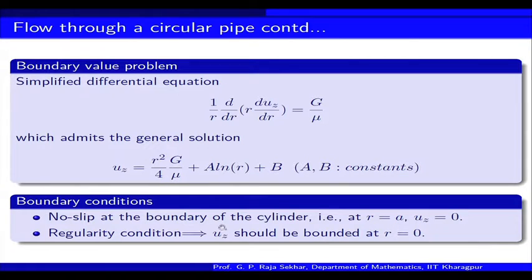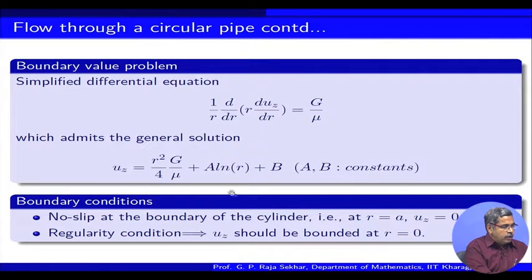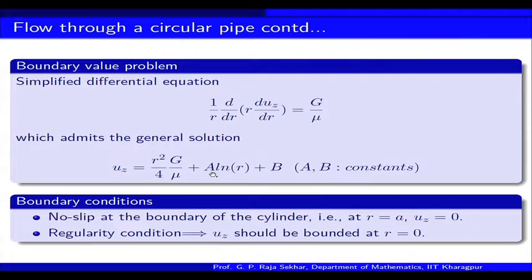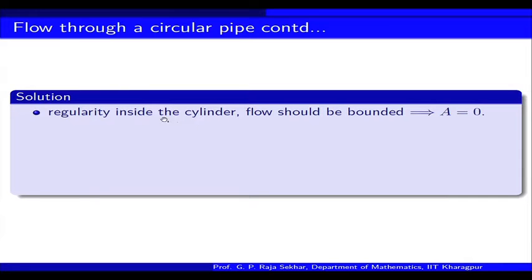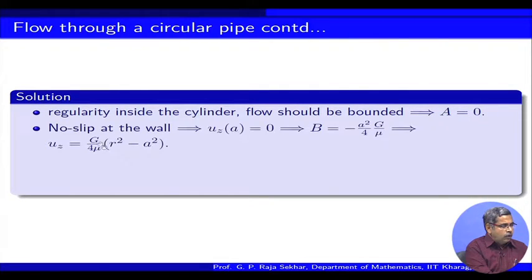Here we assume that there are no singularities inside the pipe, therefore U_z is bounded. To make U_z bounded, we kill the coefficient A, and r equal to a will be used to determine B. So, that is straightforward. As I indicated, the boundedness condition gives you A is 0 and no slip gives you B, and we get this.